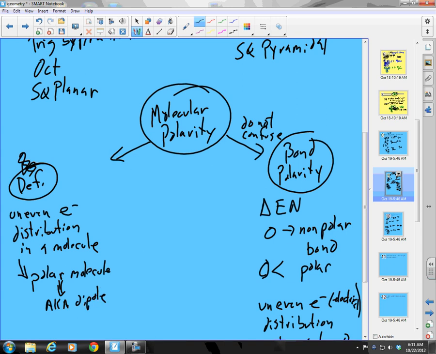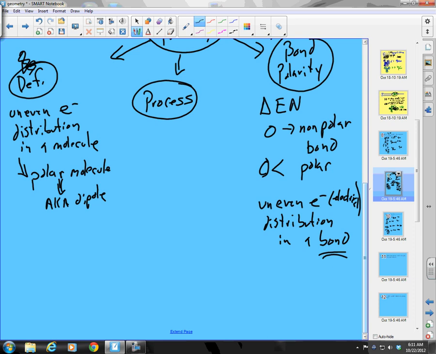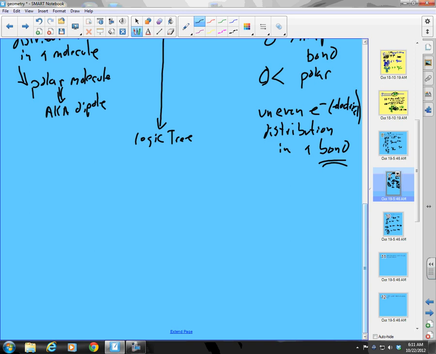Good. So now, how do I determine? What's the process for determining molecular polarity? Now, the way I like to do this is I like to use a logic tree. I'm going to place a question and then place some other questions, and that'll give me the answer. So here's how I would do this. The first question is: shape symmetric?